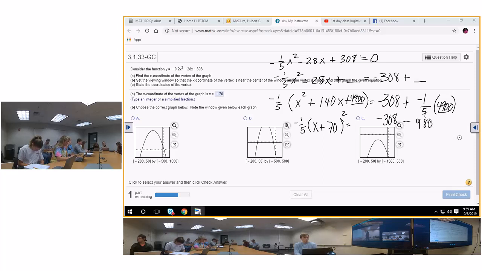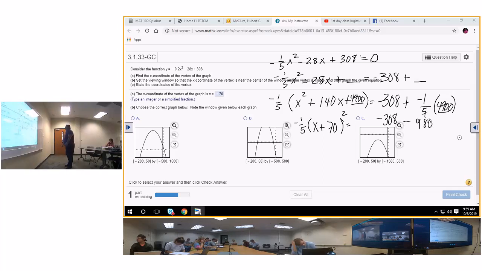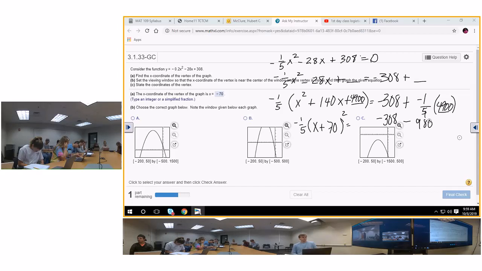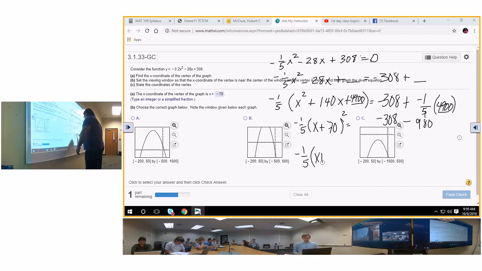Somebody check, see what's 4,900 divided by 5. Okay, it's 980. Thank you, one person. x plus 70 quantity squared is equal to 1288.